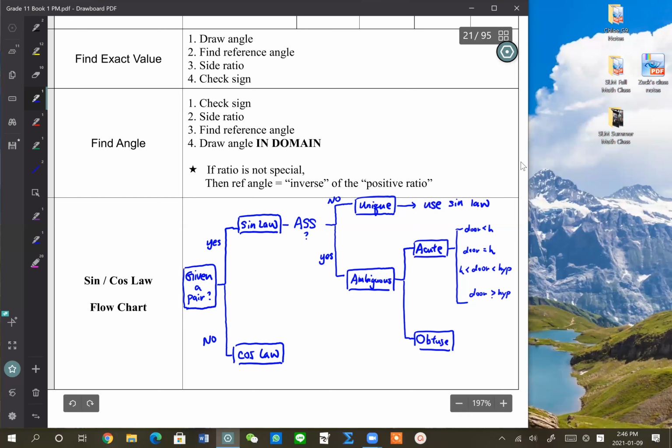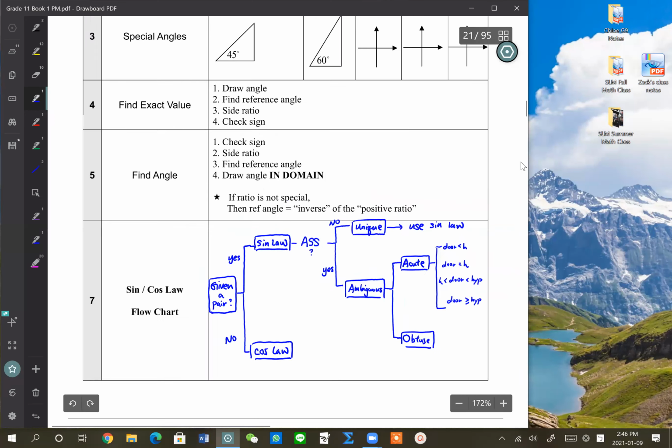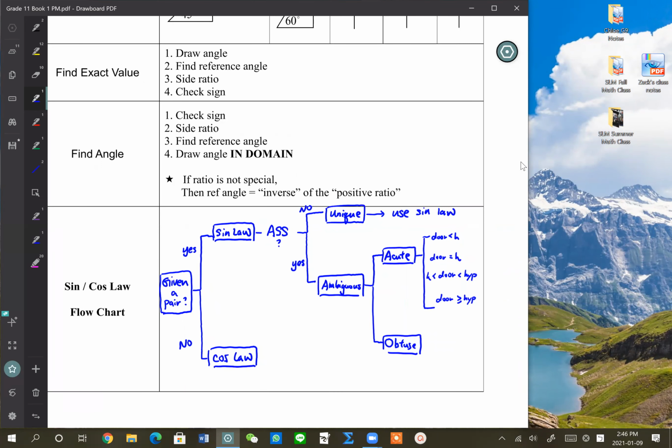Longer or equal to hypotenuse is one solution. Make sure you copy this down.